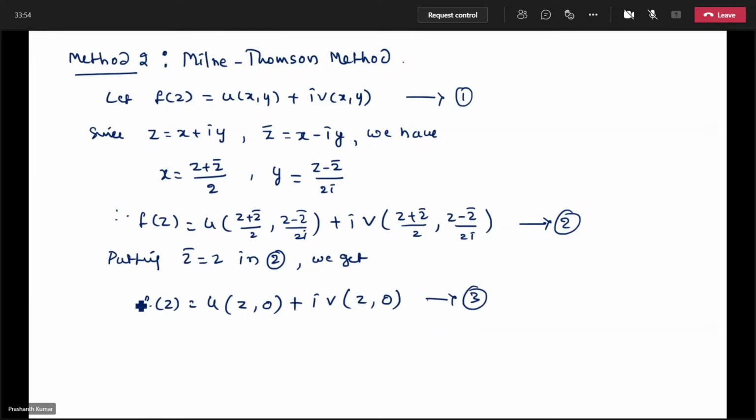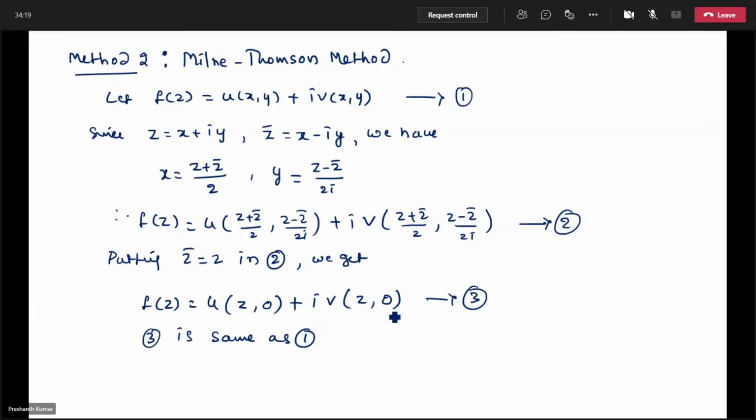Okay. So here this 3 is the same as equation 1. You see, you compare f of z and equation 1 and equation 3, both are similar. We have x, y. So here you have z comma 0.